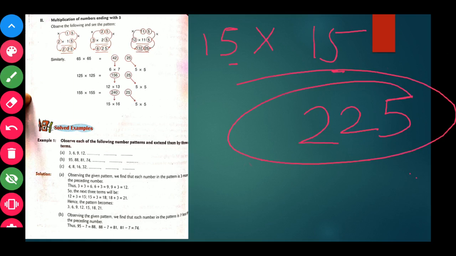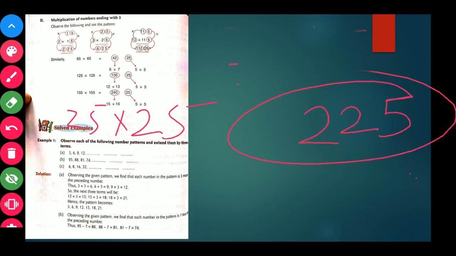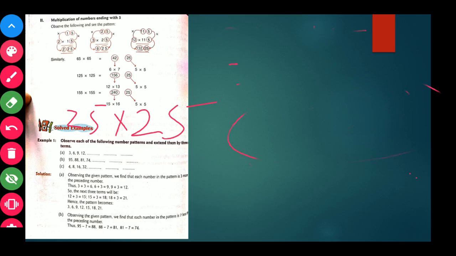Easy. Now let us take another example. 25 multiplied by 25. Now multiply the ones place, and the ones place is 5. When you multiply the ones place, you will get 25, and we write the 25 separately at the right side.